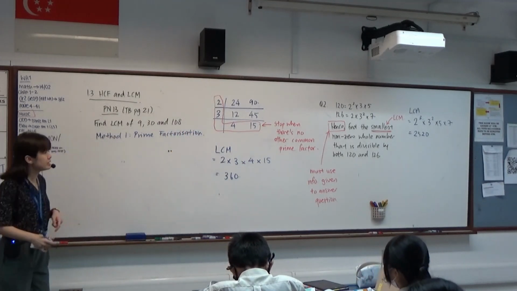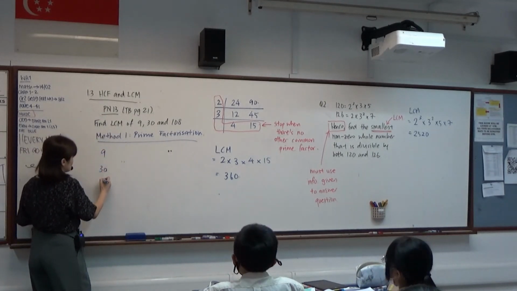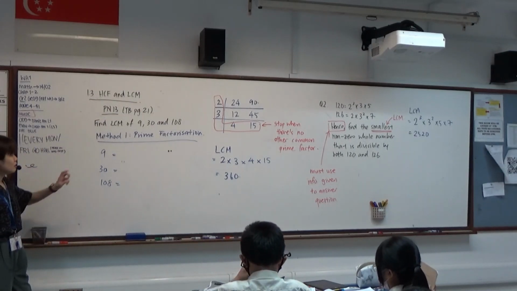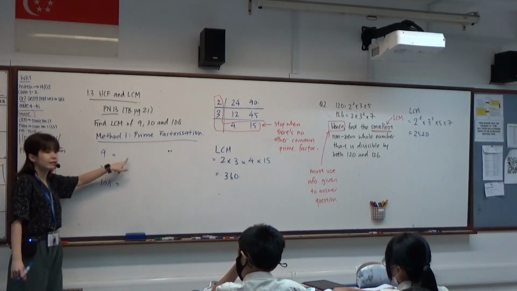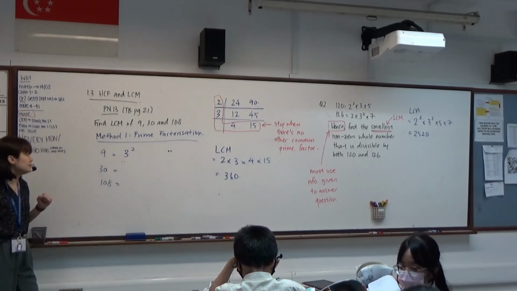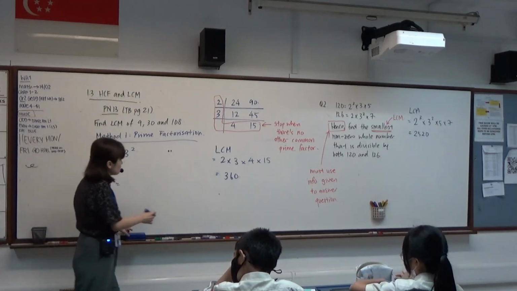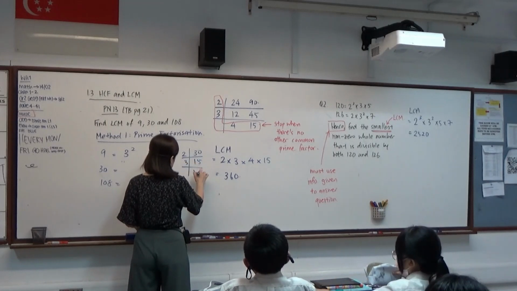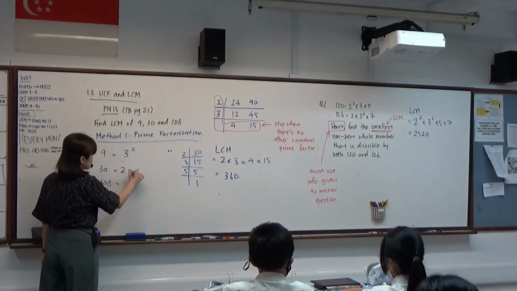For this method, we look at the numbers 9, 30 and 108. We want to express it into its prime factorized form. For 9, I think it's straightforward. Not much need for us to do the ladder. 9 is equals to what? 3 squared, right? What about 30? Maybe you want to do out the ladder, and you'll get 2 times 3 times 5.